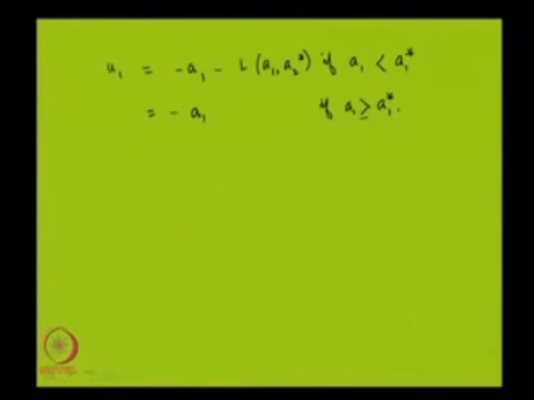So, there are two ranges of value that have to be considered as far as A1 is concerned. Suppose this is A1 and this is U1, and this is the 45-degree line. So, this is minus A1, and suppose here I have A1 star.